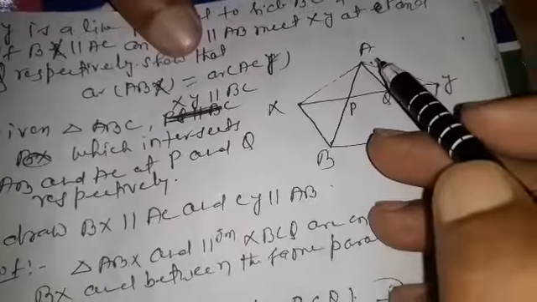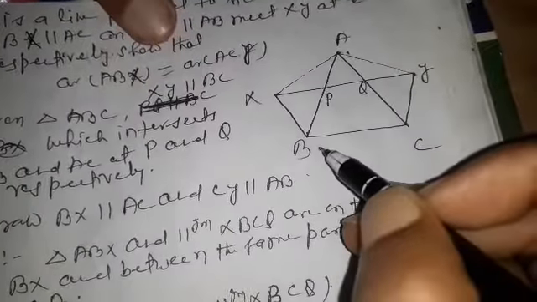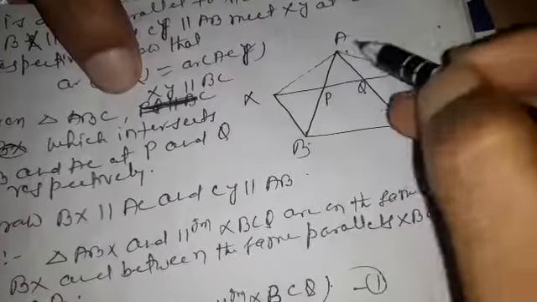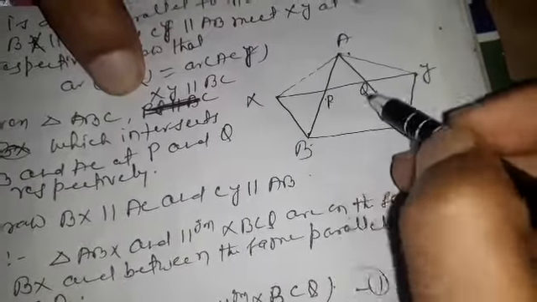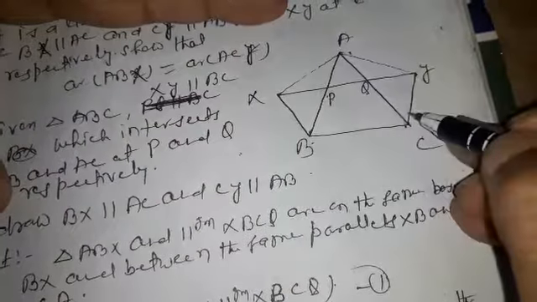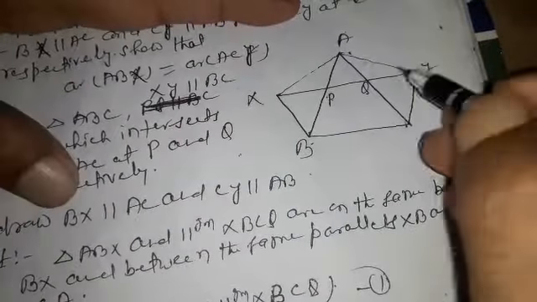So given here, ABC is a triangle and XY is parallel to BC, which intersects AB and AC at P and Q respectively. Draw BX parallel to AC, already given, and CY parallel to AB.